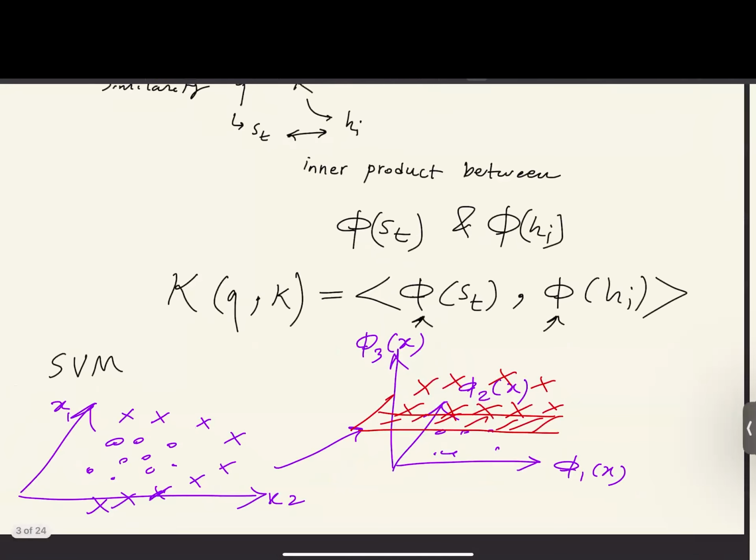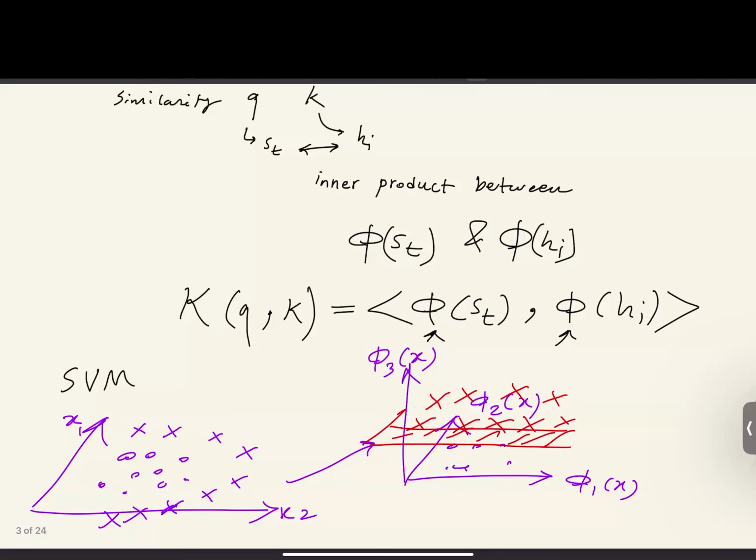You can think of phi's, for example, here in this case, we have x as x1 and x2, but phi's are some form of functions of x1 and so on. Note that we can have any function here. For example, it can be sine of x1, cosine of x1, x2, anything.